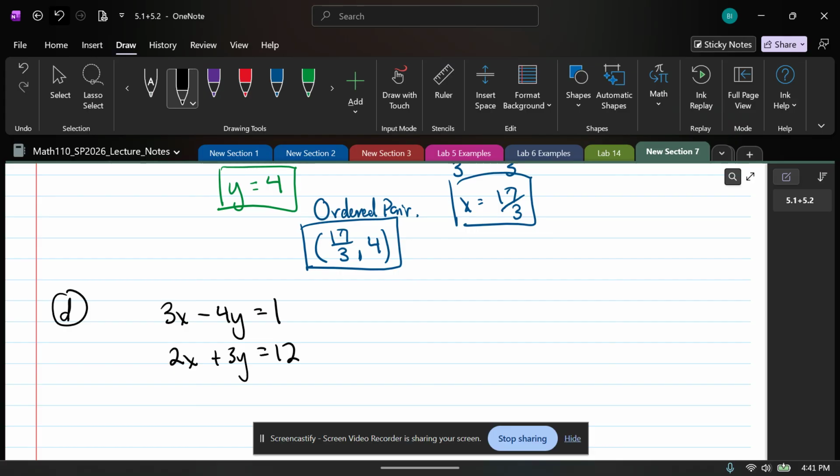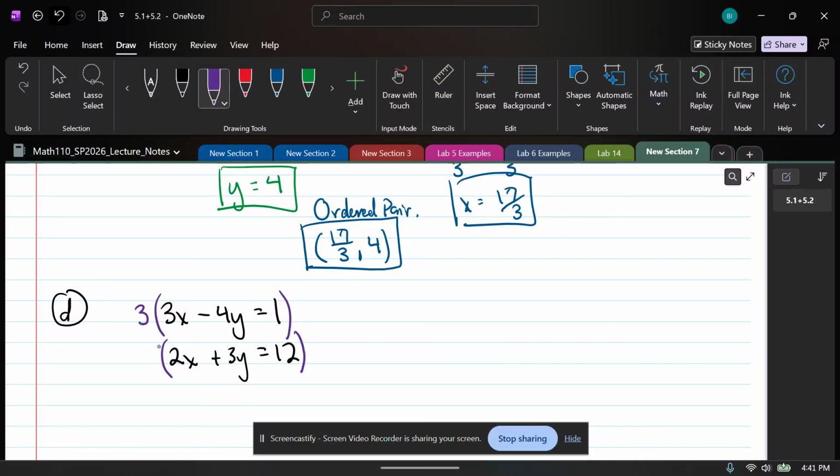All I need to think of now is what number do 4 and 3 both go into? Not what number goes into them, but what number do they go into? 12, right? So I want to turn that 4y into a negative 12y. So I'm going to multiply this top equation by 3.